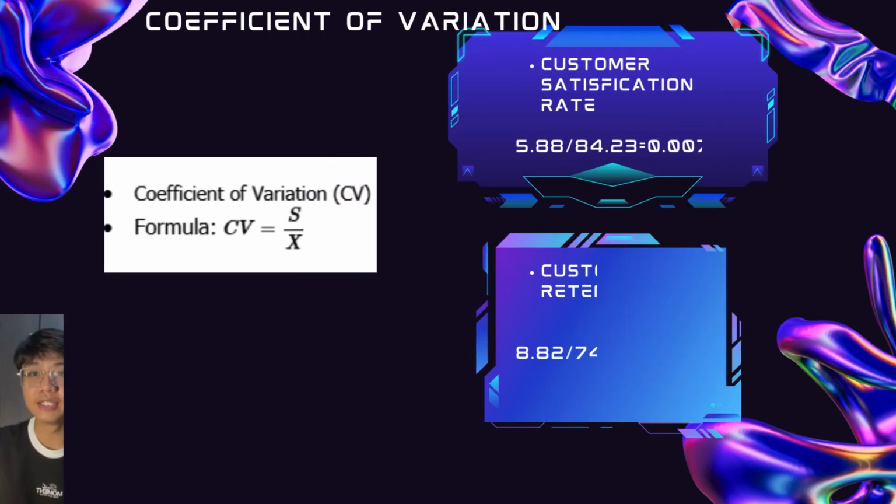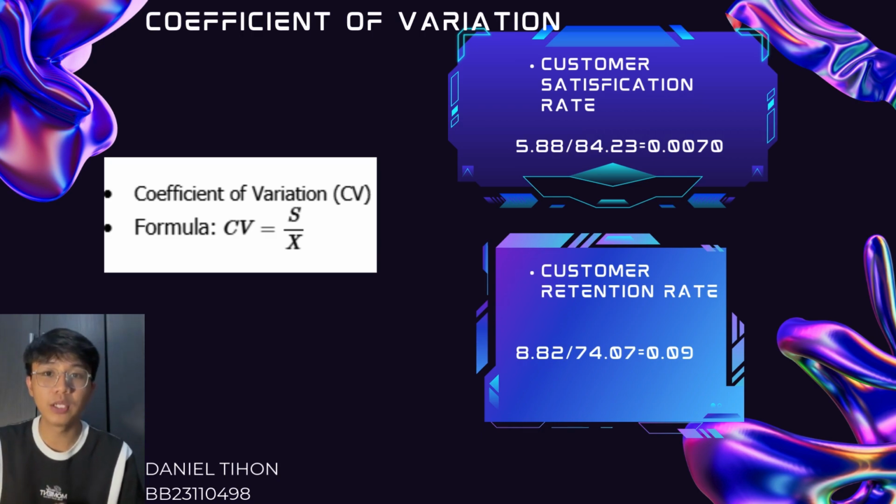The last one is the most insightful measure, which is the coefficient of variation, or CV. To calculate the CV, we divide the standard deviation by the mean. This statistic is particularly useful because it standardizes the variation relative to the mean.